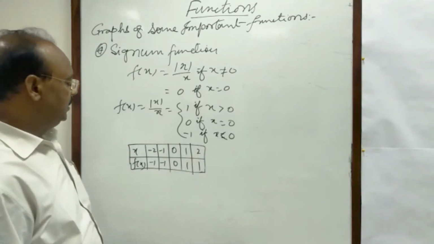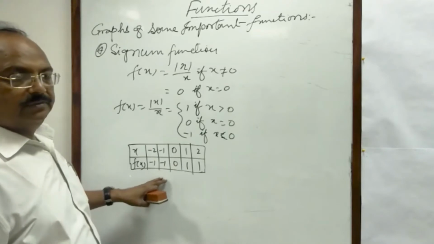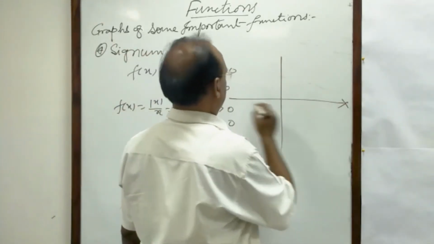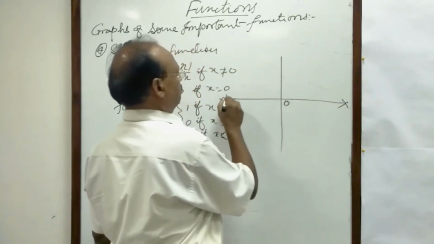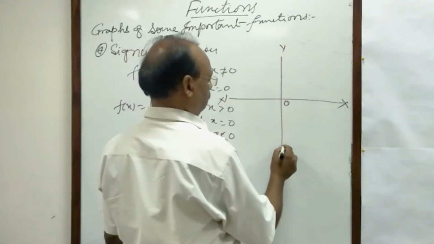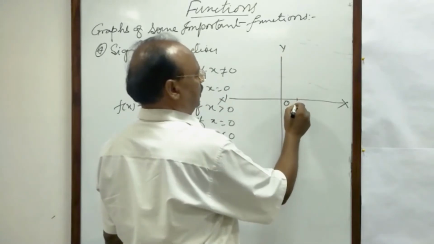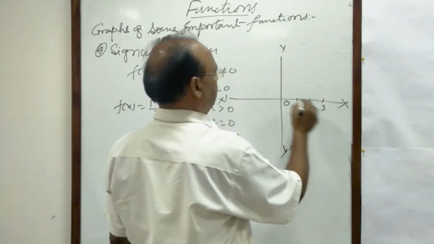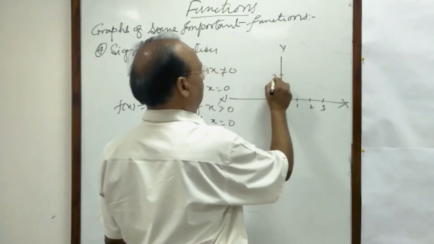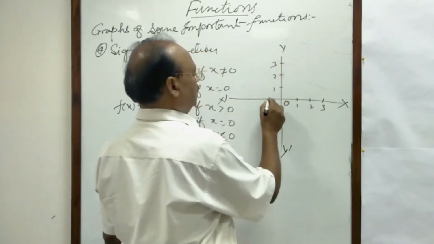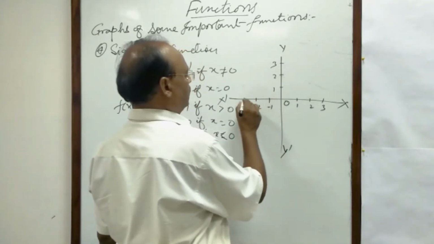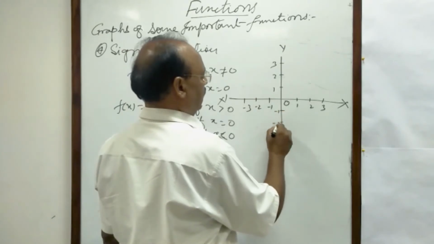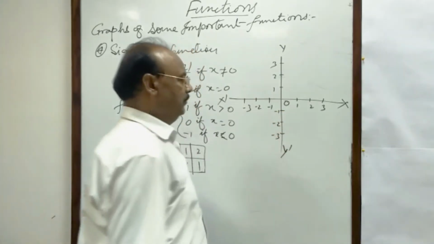Now let us sketch a curve with the help of this table. Let us make a rough scale here: 1, 2, 3, minus 1, minus 2, minus 3 on both axes.